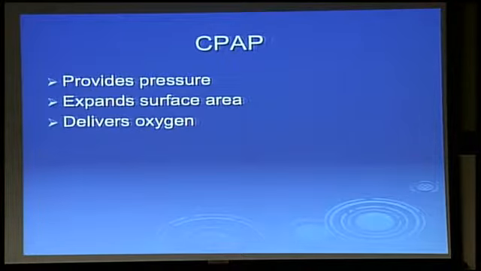And so CPAP increases the amount of surface area that you have available for gas exchange. And then because we're hooking it up to oxygen, you're also delivering oxygen with that. So other than airway problems, you can fix the vast majority of respiratory problems with CPAP.